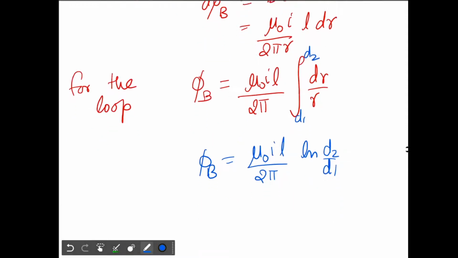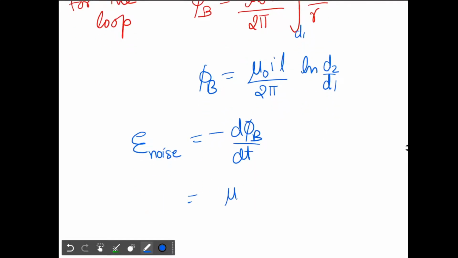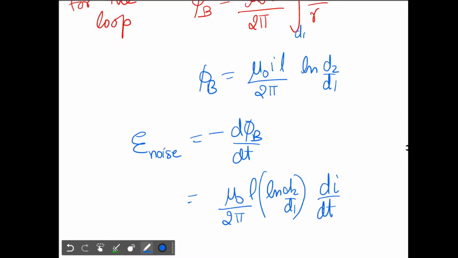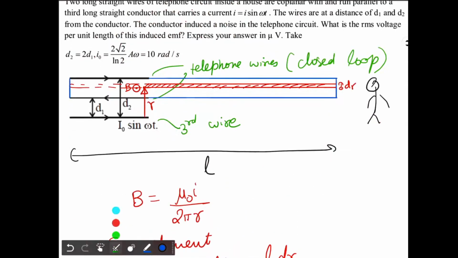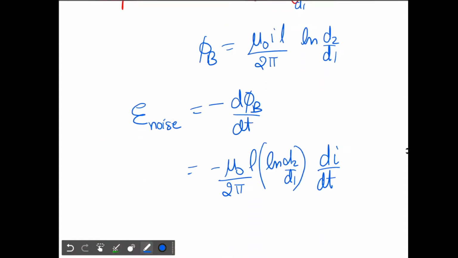Then the EMF induced, the noise created, will be minus d phi b by dt, so mu naught L by 2 pi, logarithm d2 by d1, times dI by dt. Now I is I naught sine omega t.